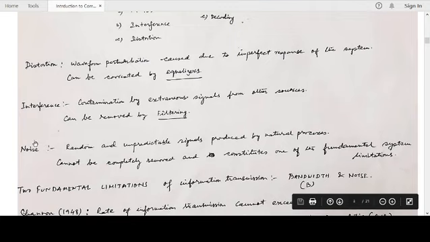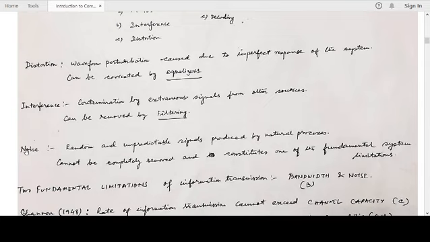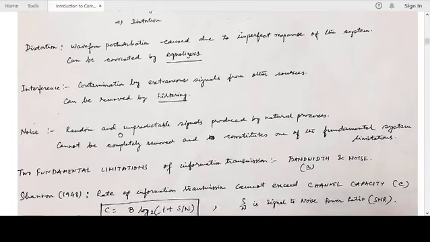Noise. This is a very important thing in a communication system. Without noise, actually the job of a communication engineer almost reduces to triviality. It is due to the presence of noise that the work of a communication engineer is so challenging.